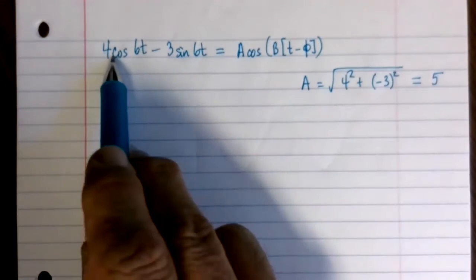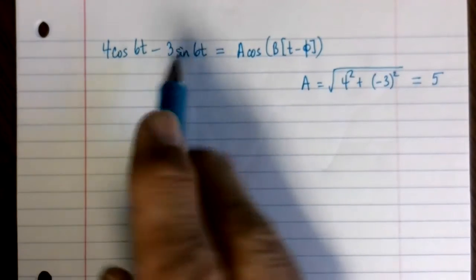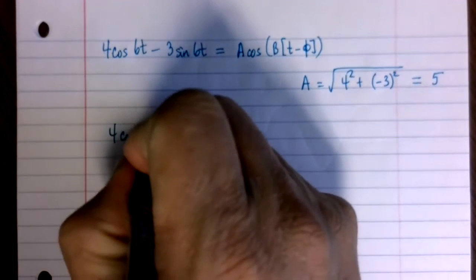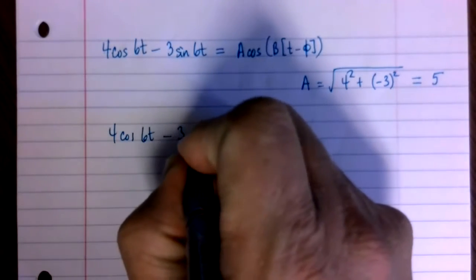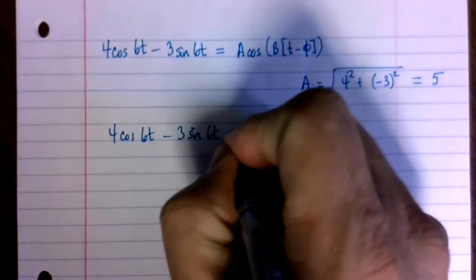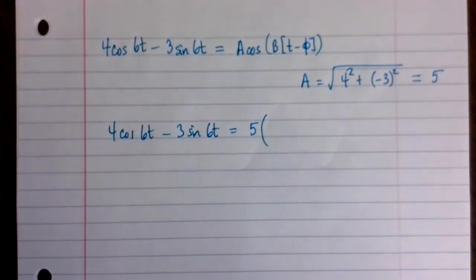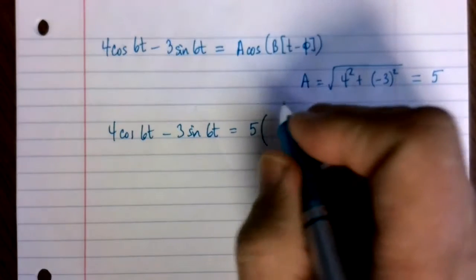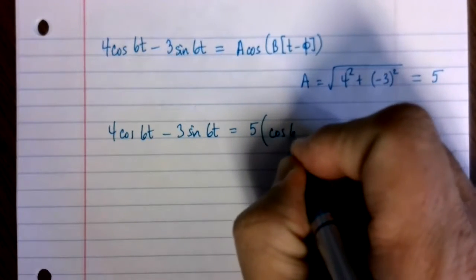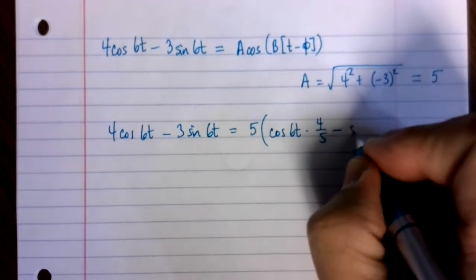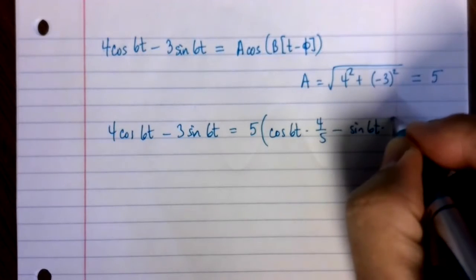The reason is I'm going to now factor a 5 out of this. So 4 cosine of 6t minus 3 sine 6t. I will now do a simplification that is about the last thing you'd expect me to do, and that's to factor a 5 out. And so I've got cosine of 6t times 4/5 minus sine of 6t times 3/5.